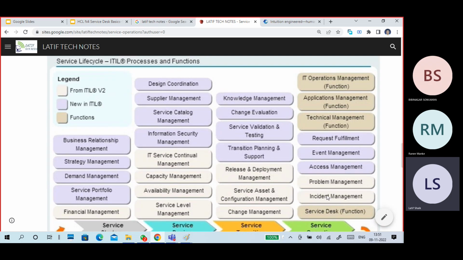If there are any infrastructure-related issues, or any issues reported by customers, users, or clients, or found by any monitoring system, we resolve them and maintain the infrastructure constantly. All service desk functionalities, technical management, and application and IT operation functionality.